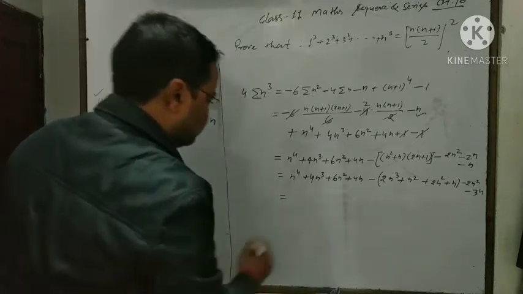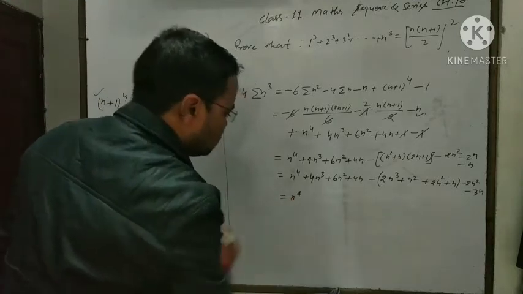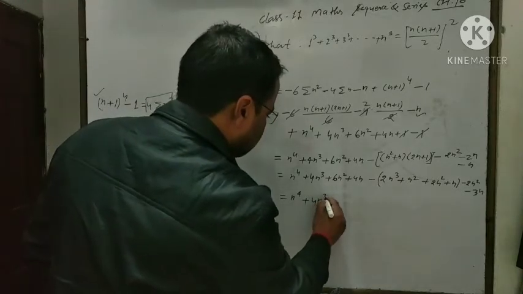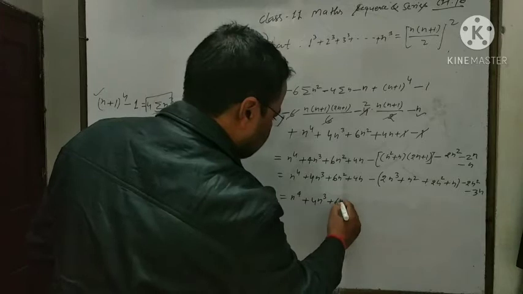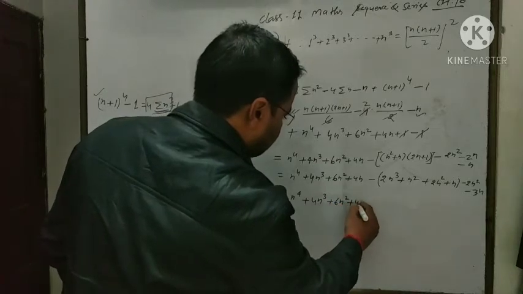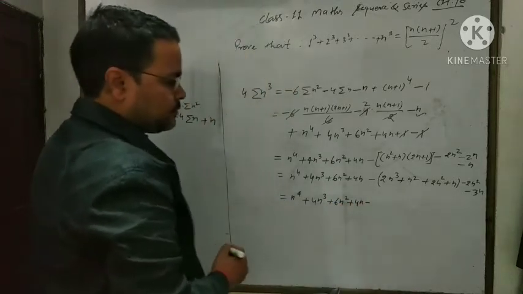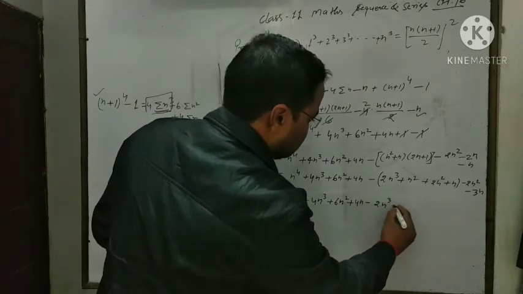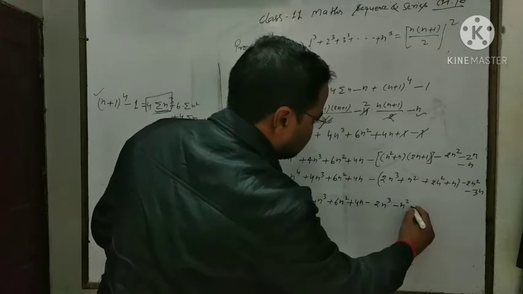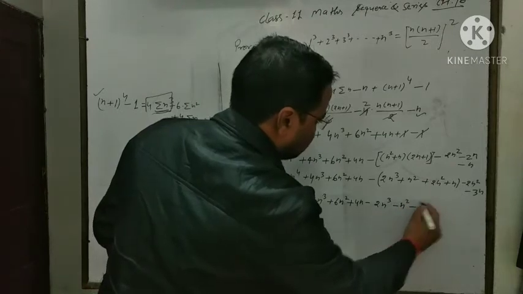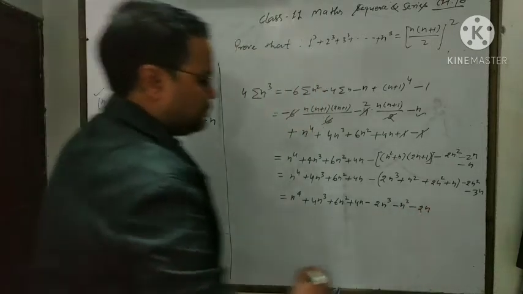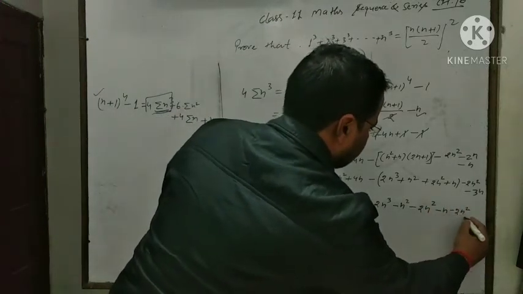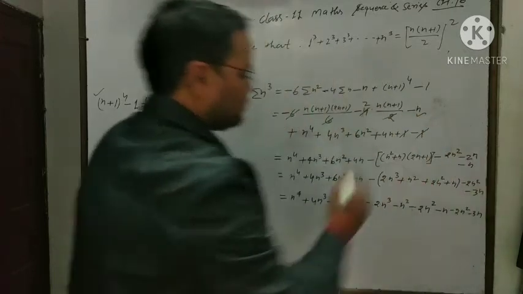Now again, n raised to the power 4 plus 4n cube plus 6n square plus 4n minus 2n cube minus n square minus 2n square minus n minus 2n square minus 3n.